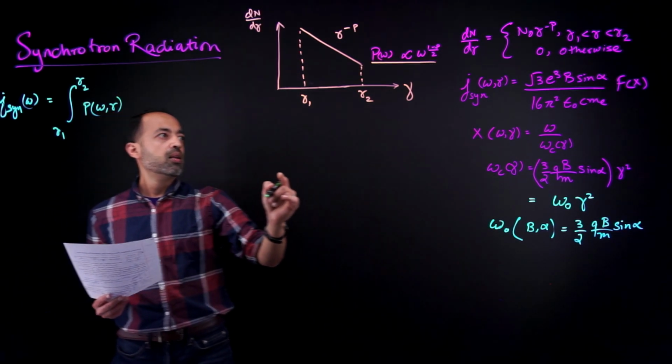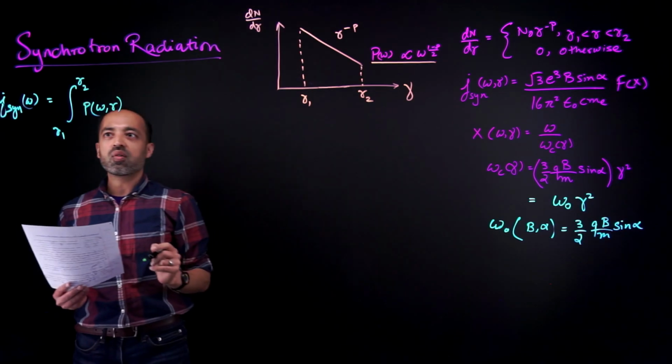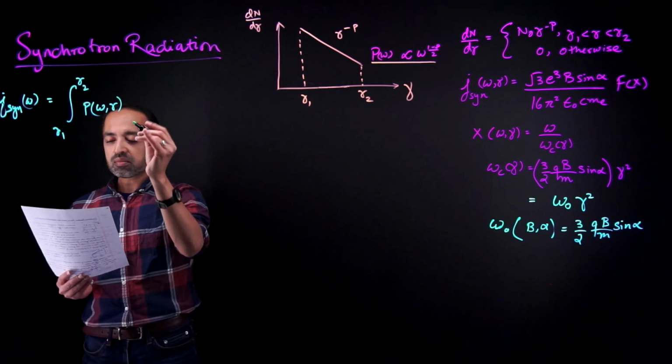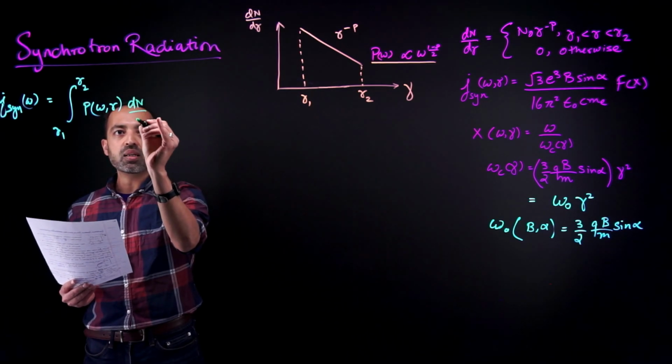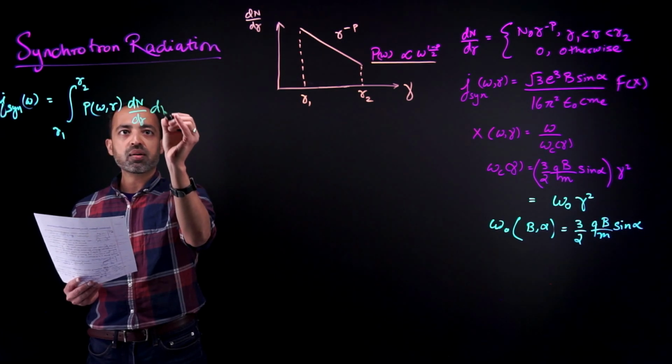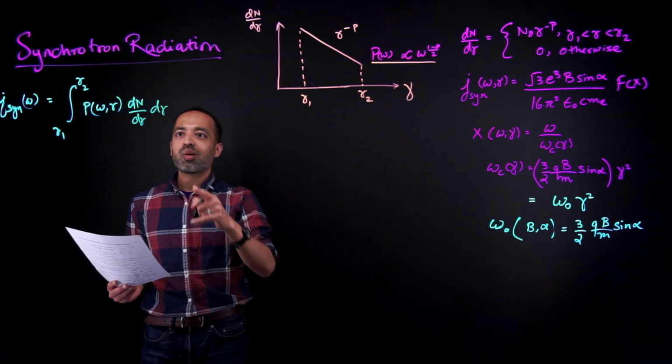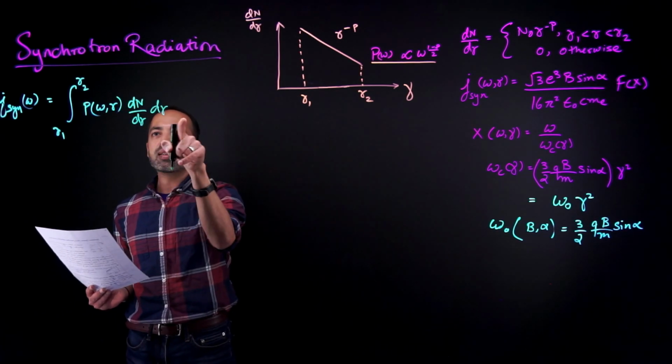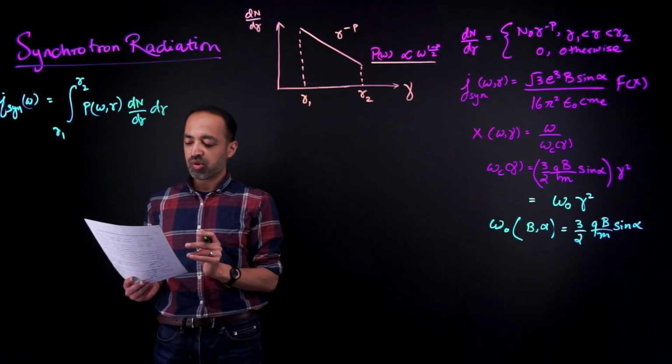So that's that thing, the j sin of omega gamma, I'm just calling it p here, times the particle distribution dn/d gamma times d gamma. So now we are integrating over this power over the entire particle distribution.